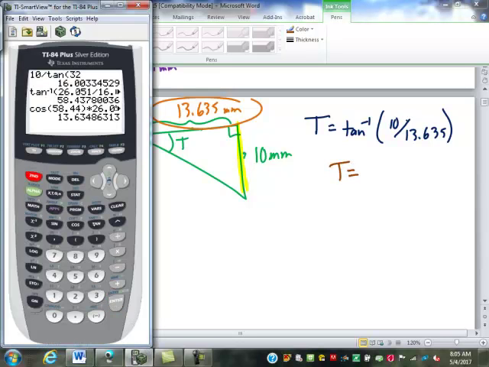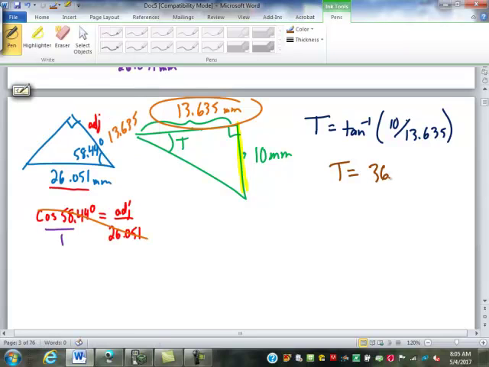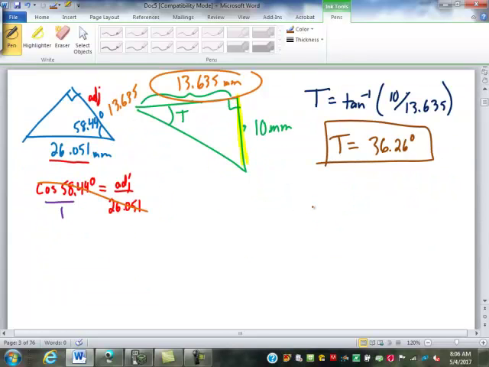So second tangent, 10 divided by 13.635 gives 36.26 degrees. So that's my tilt. My rotation was the 58.44, and my tilt was the 36.26 degrees.